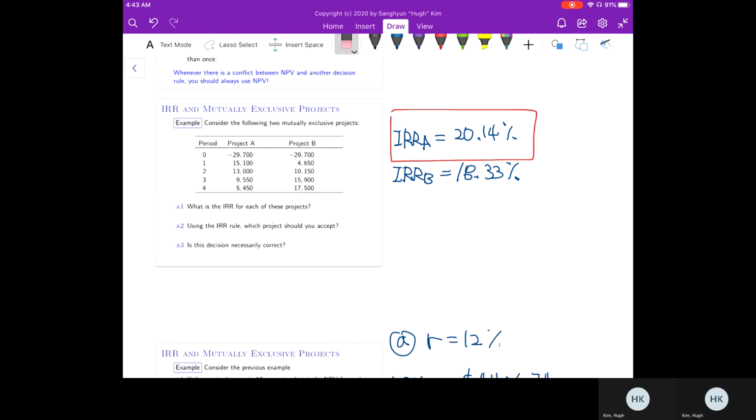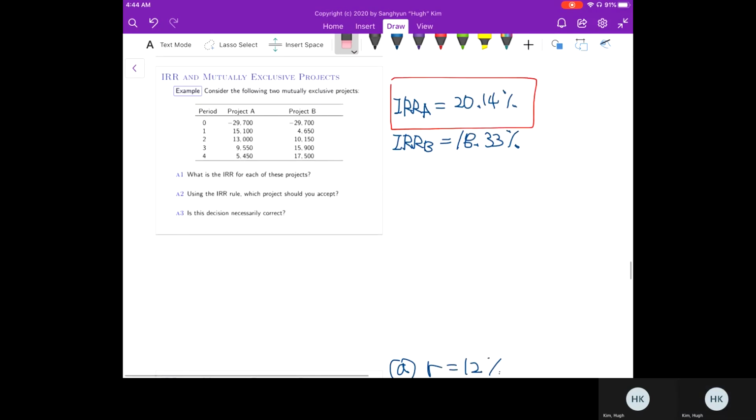We can do A minus B or B minus A. It doesn't really matter because we'll get the same answer anyway.